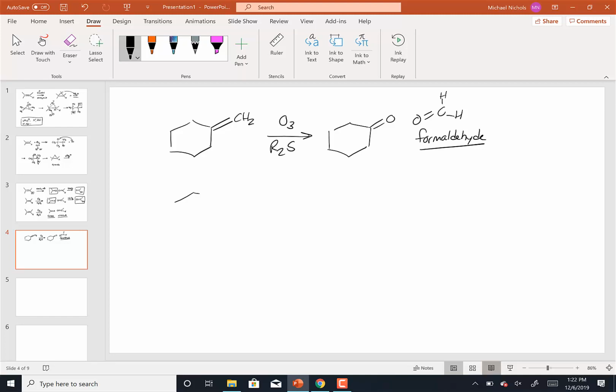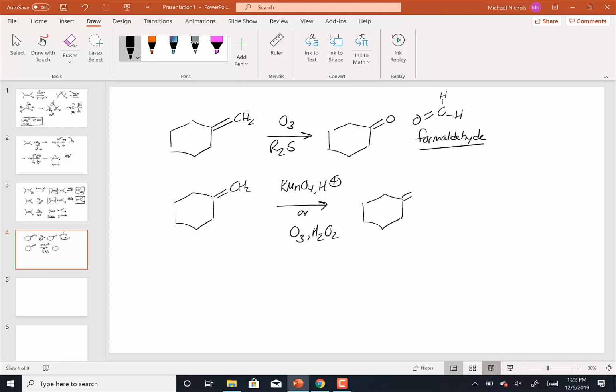But if the double bond is at the end of the chain, and I now use either KMnO4, an acid, or ozone and H2O2, when I cleave the double bond, I'm going to do the same thing.